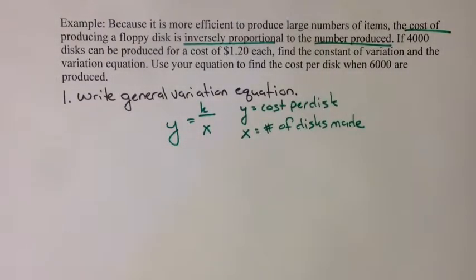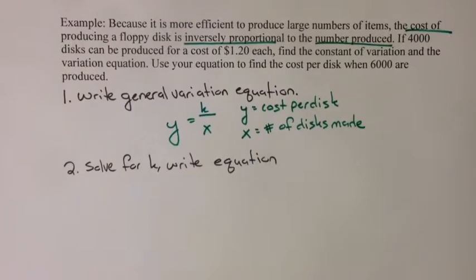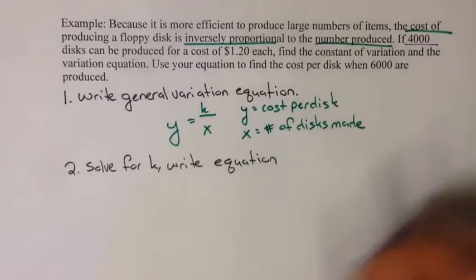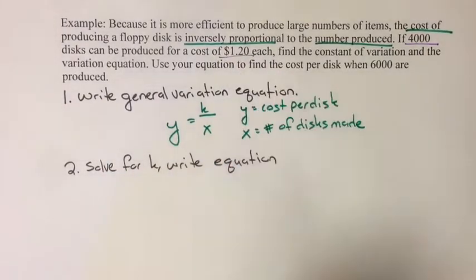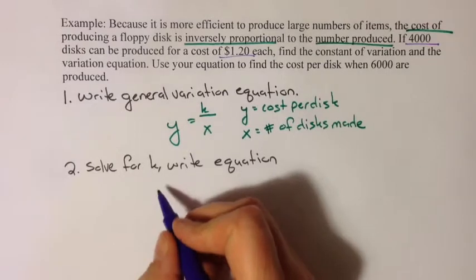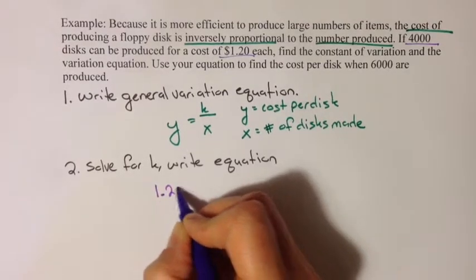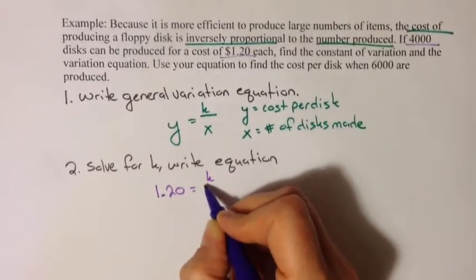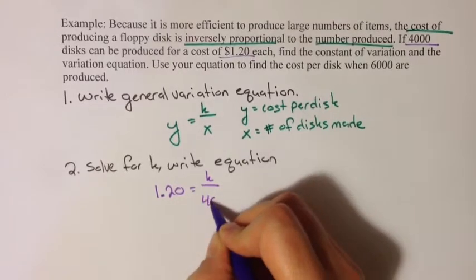Now that I have a general variation equation, my next step is to actually solve for k using the information that I've been given. So they told me that 4,000 disks can be produced for $1.20 each. So I plug that information into my equation and then solve for k. $1.20 is the cost, so that's my y. $1.20 equals k, which I still don't know, over x, which is 4,000.